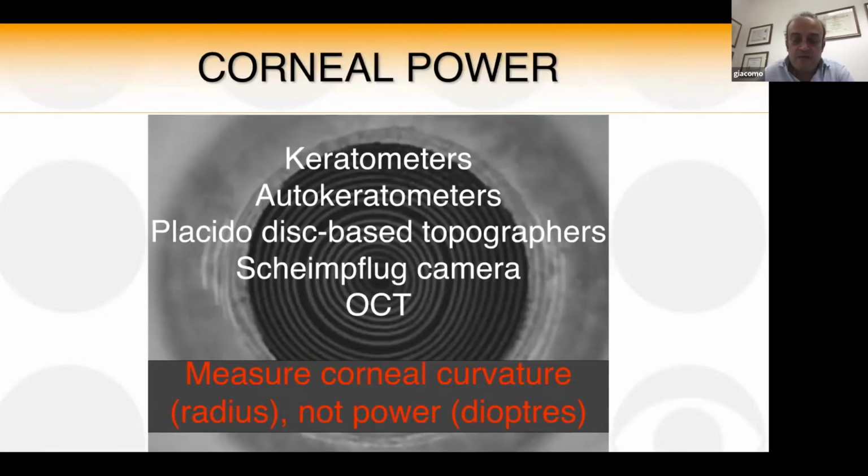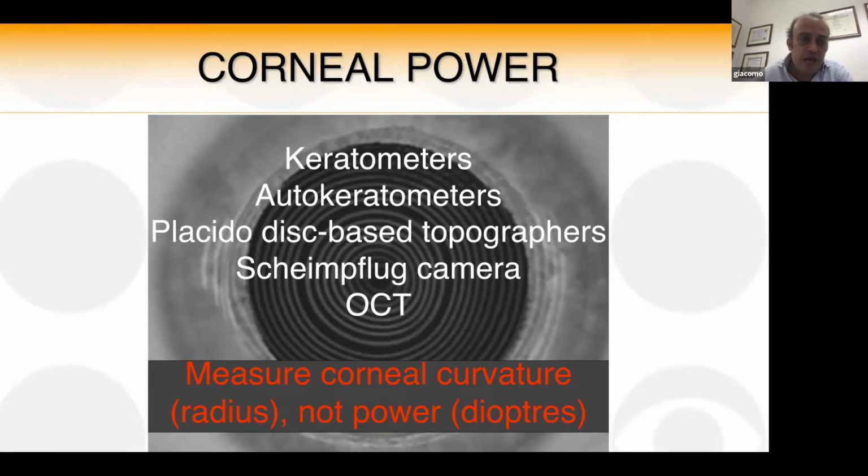First error, the keratometric index. All devices from old manual keratometers to the most updated OCT do not measure the corneal power, the 43 diopters that we see on the printout, but they measure the corneal curvature, which is the radius, which is expressed in millimeters.